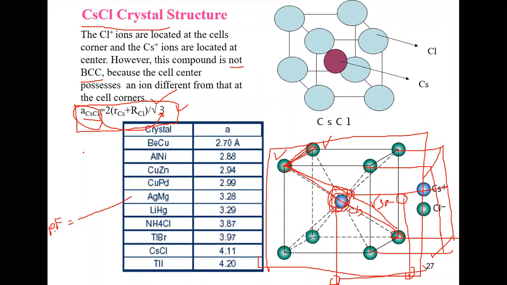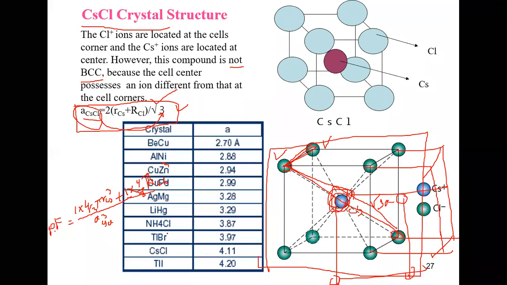As before, it is cubic, so it will be a CsCl cubed. Then 1 multiplied by 4/3 pi RCs cubed plus 1 multiplied by 4/3 pi RCl cubed.